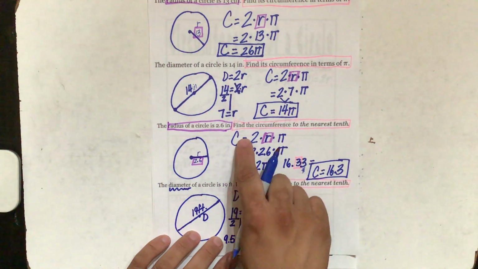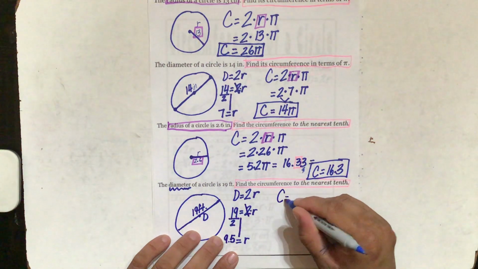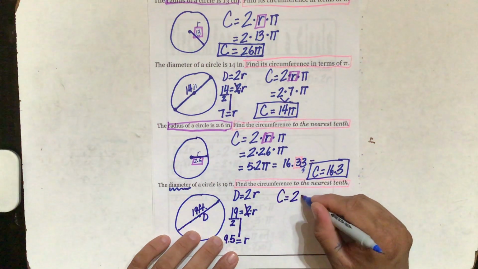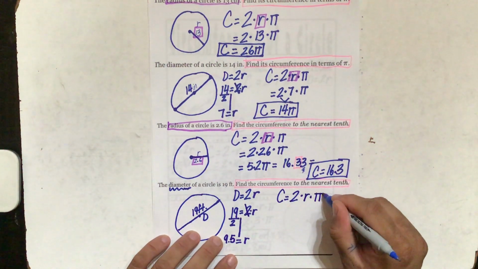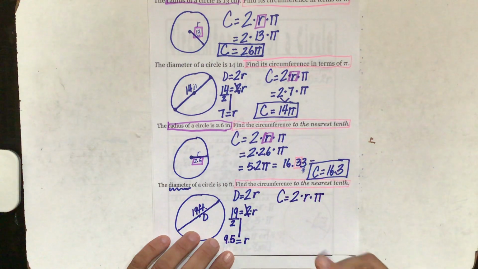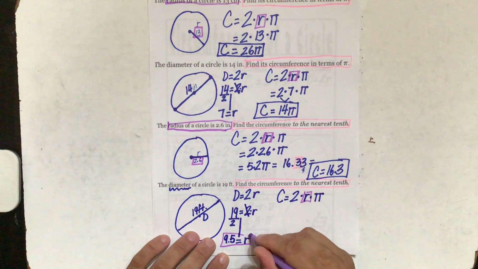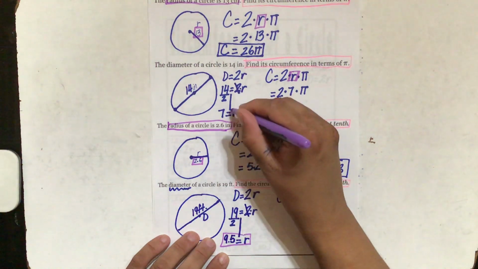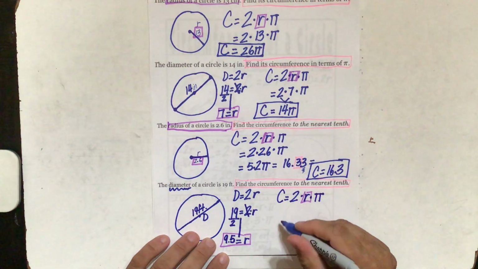So my C formula, and I've used it three more times, C is equal to 2 times R times pi. So that means that this is my purple, and I have my R here. My R is in purple, just like I had it up here. So I'm going to substitute.